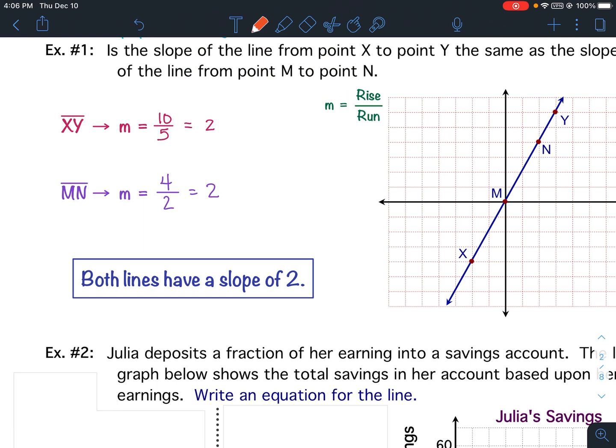I could have picked this point down here and this point way up here. That would be a rise of 12 and a run of 6. And 12 over 6 is 2.